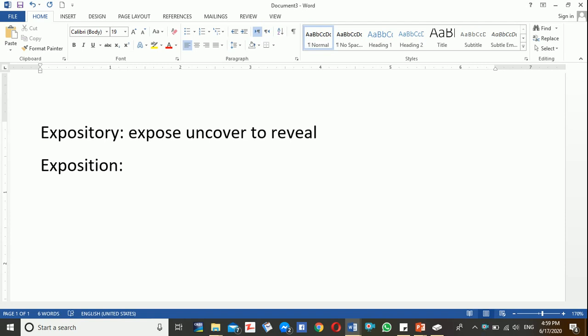And the person who exposes things or reveals things is called an expositor. Expository means pertaining to exposition, containing an explanation. So expository means to explain something, to reveal something, to show something, to uncover something, right?